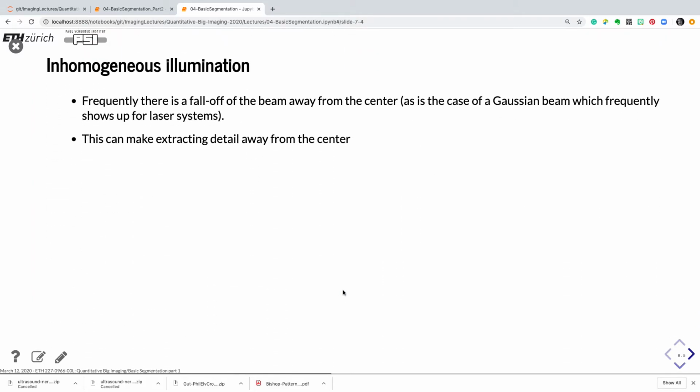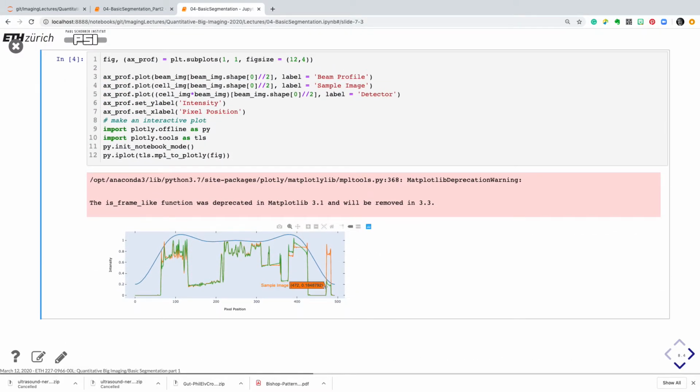So this is actually a big problem when you start doing segmentation. Because as you could see on the previous one, for example, this should be at this height, and then a simple threshold saying everything greater than this level would be okay, but thanks to the beam profile, it's far below this threshold and you wouldn't see it at all.